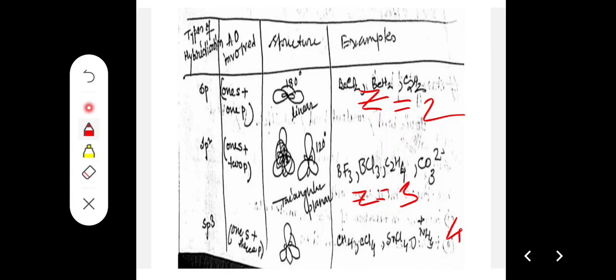Examples are BF3, BCl3, C2H4 and CO3 2 minus.